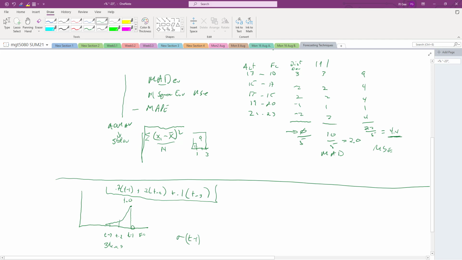Whatever the previous value was at t minus 1, we multiply that by alpha. But then the math works out so that you add 1 minus alpha times the forecast for t minus 1. What did we forecast in that period? So we really condense everything. We only have to look back at one period. We use its forecast, and we use its reading, if you will. Okay, so that's what they're talking about here.